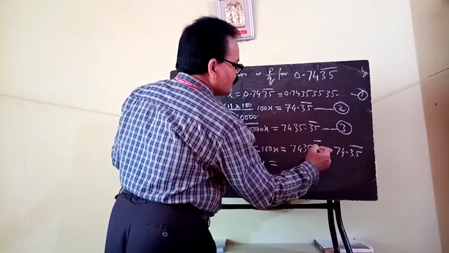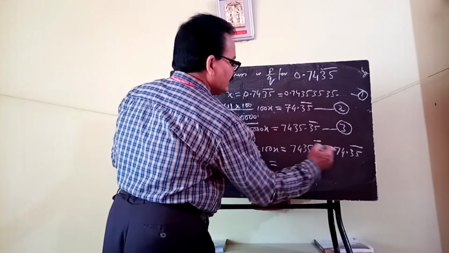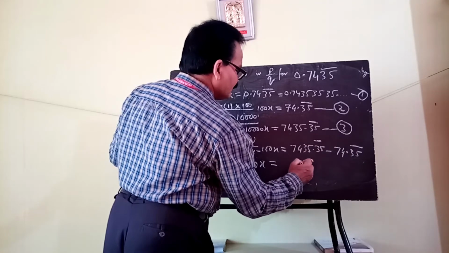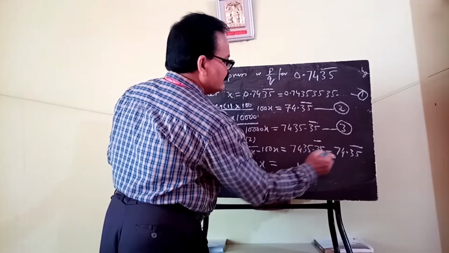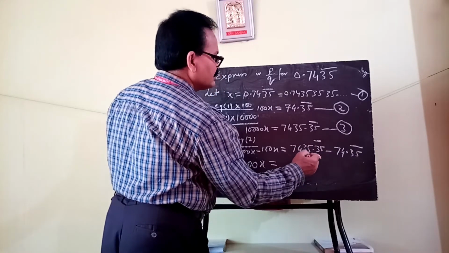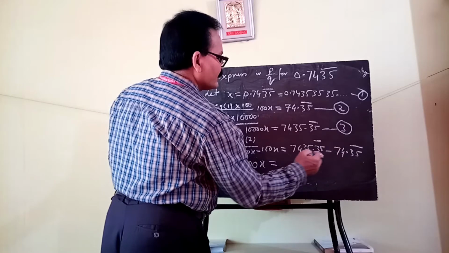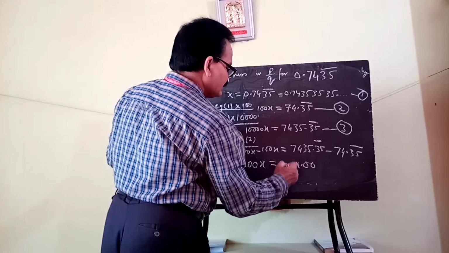Here it is 0.35 bar, 0.35 bar, they cancel each other, and now this is your 00 on the right side, and this is your 1 and 7, 6, and then finally this is your 3 and again 7.